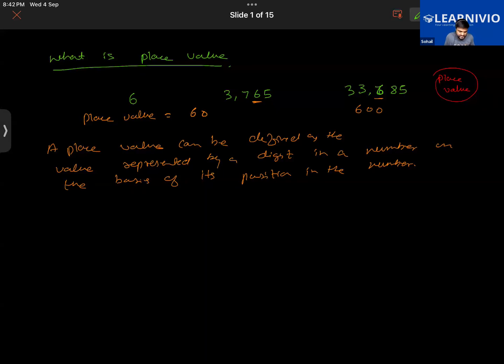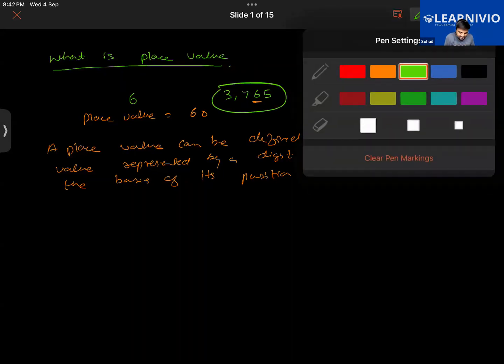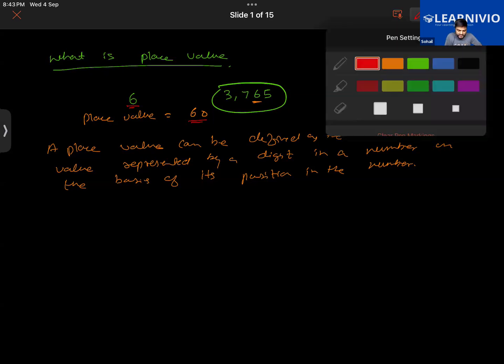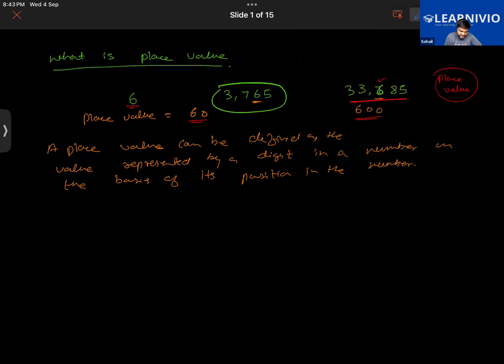For example, in the number 3765, the place value of 6 is 60. But in another number, as the position of 6 changes, it is now 600. Take another example, the number 3743.